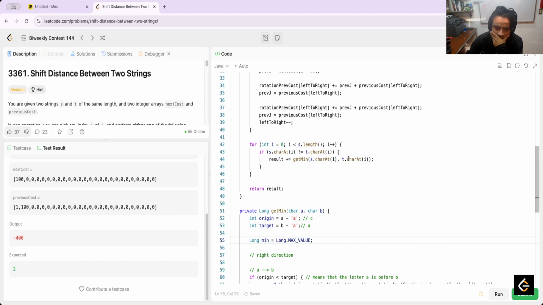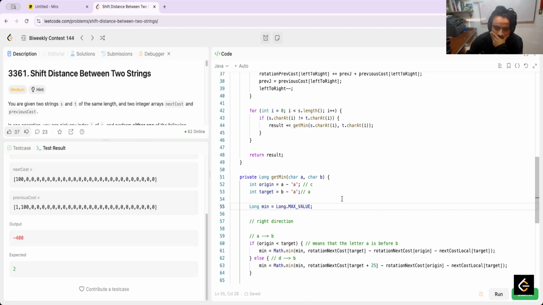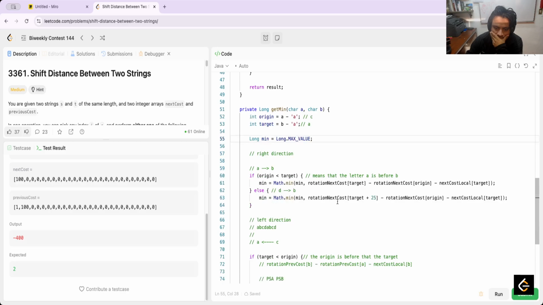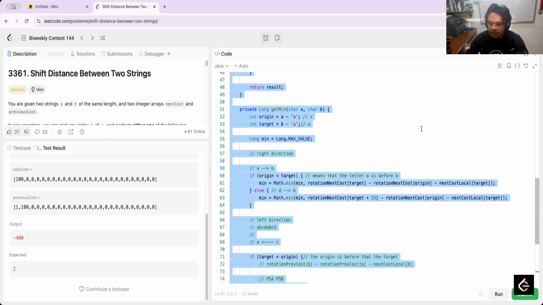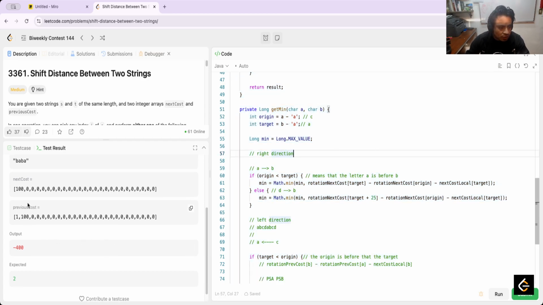Origin and target. Why 100? 400. And why is negative?